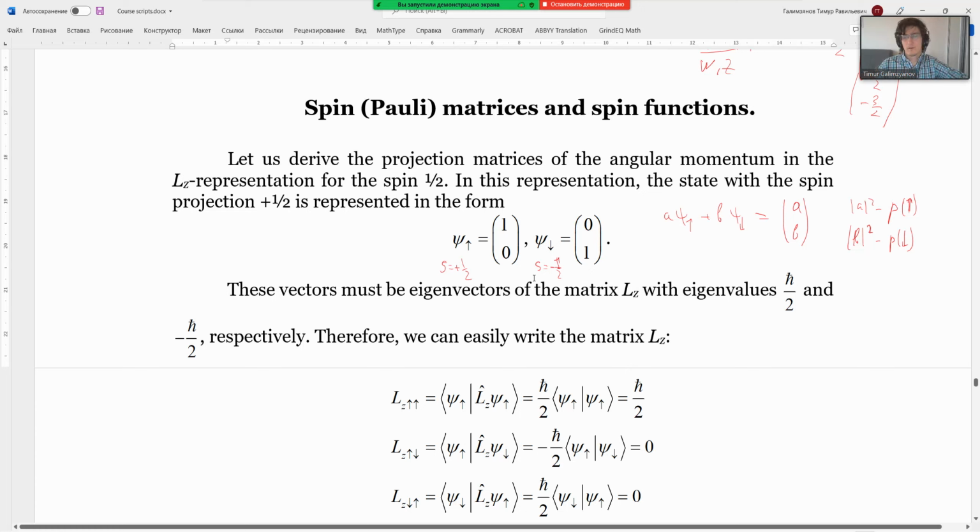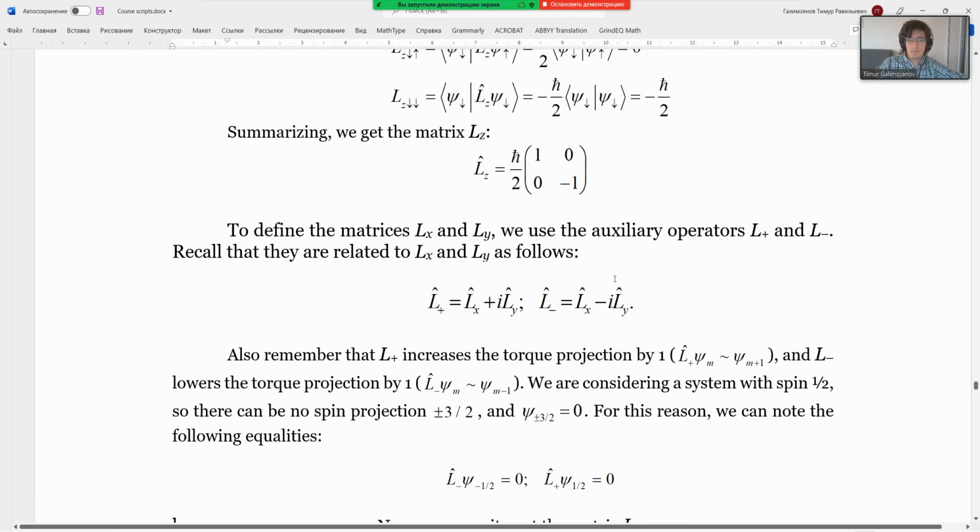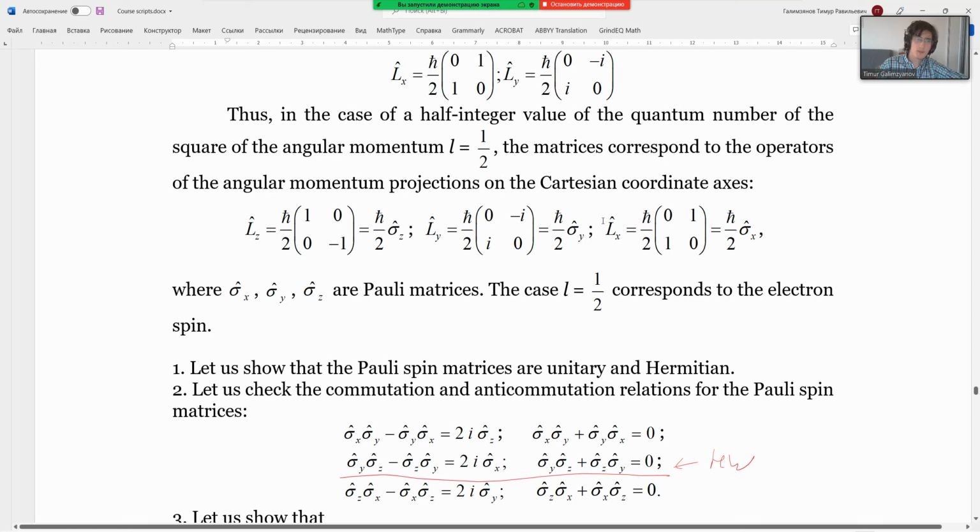Then, as we work with vectors, our operators, as we have discussed, can be represented as matrices. The projection of the spin on the z-axis is given by such a matrix.